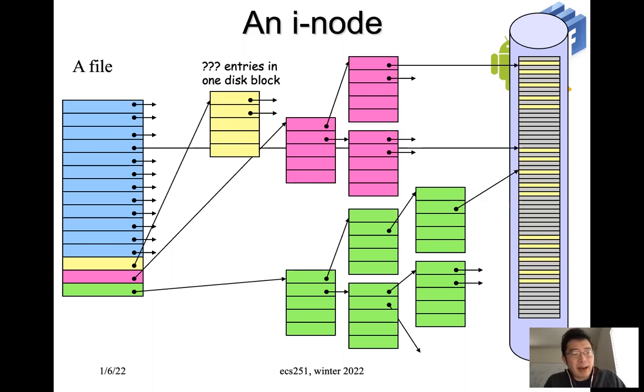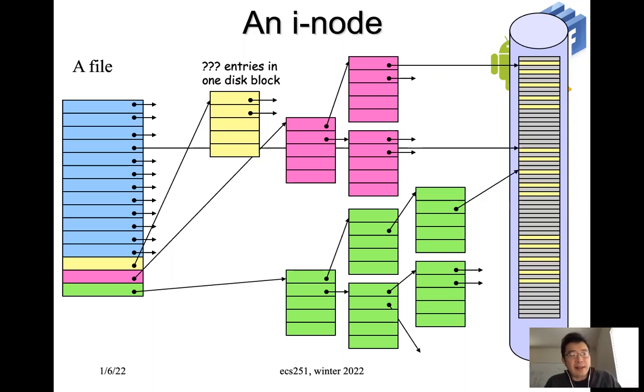We use the direct blocks plus the pointer block, and then we can represent a file that looks like this. Before we move on to the pink and the green, note that we actually provide some kind of direct access to the block.